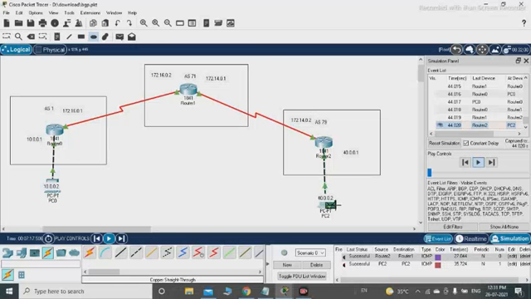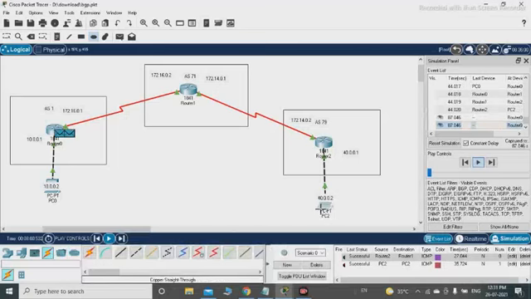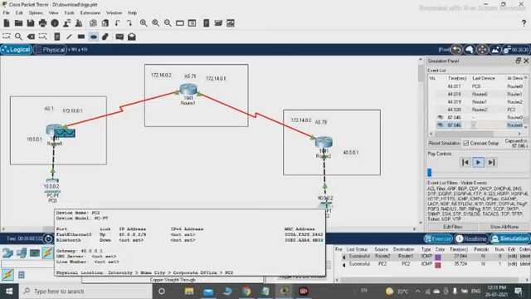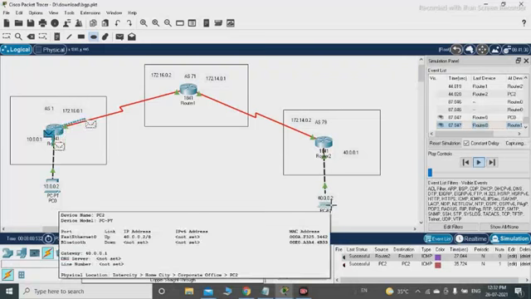And for the other PC we have the IP address 40.0.0.2 with the default gateway 40.0.0.1. This we have seen here, which we have set.